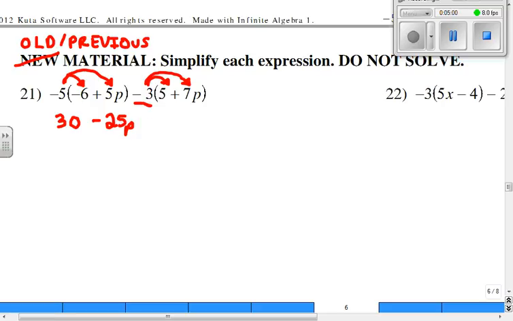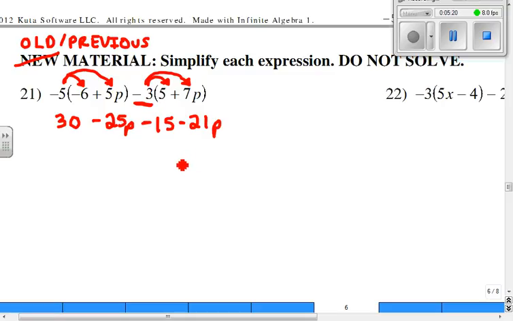Now I have to be careful right here. I have a negative 3 that I'm distributing. So I have negative 3 times 5 is negative 15. And I have negative 3 times a positive 7p, which is a negative 21p.